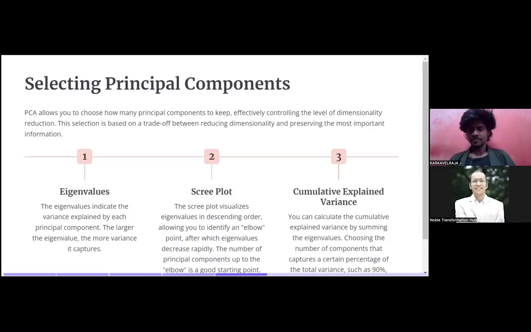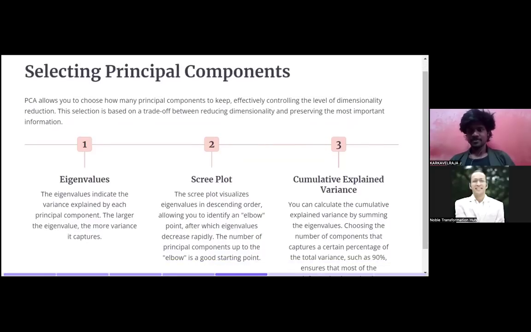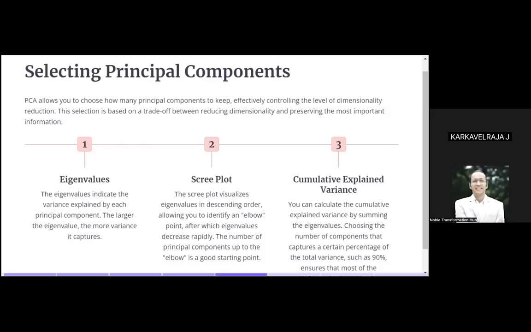Now, eigenvalues. The eigenvalue indicates the variance explained by each principal component. The larger the eigenvalue, the more variance is captured. Then you have to understand the second one, the scree plot, which visualizes eigenvalues in descending order and allows you to identify an elbow point, after which the eigenvalue decreases rapidly.